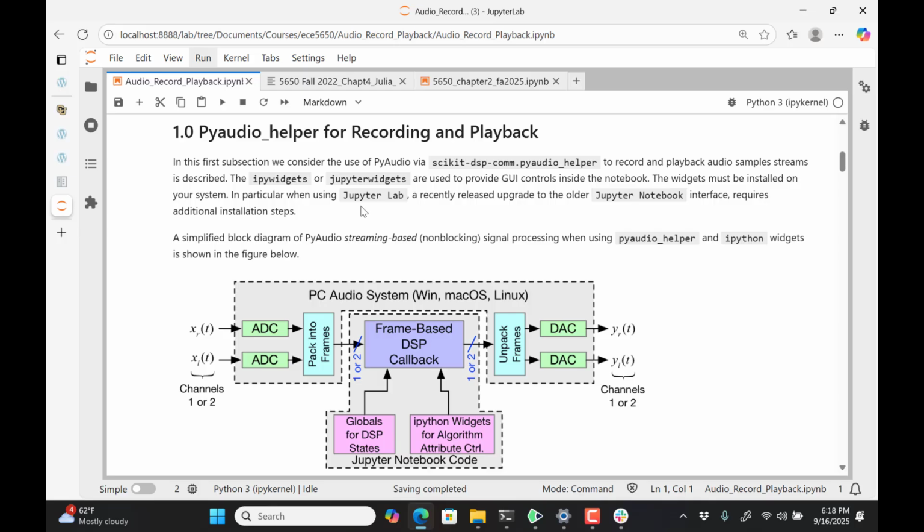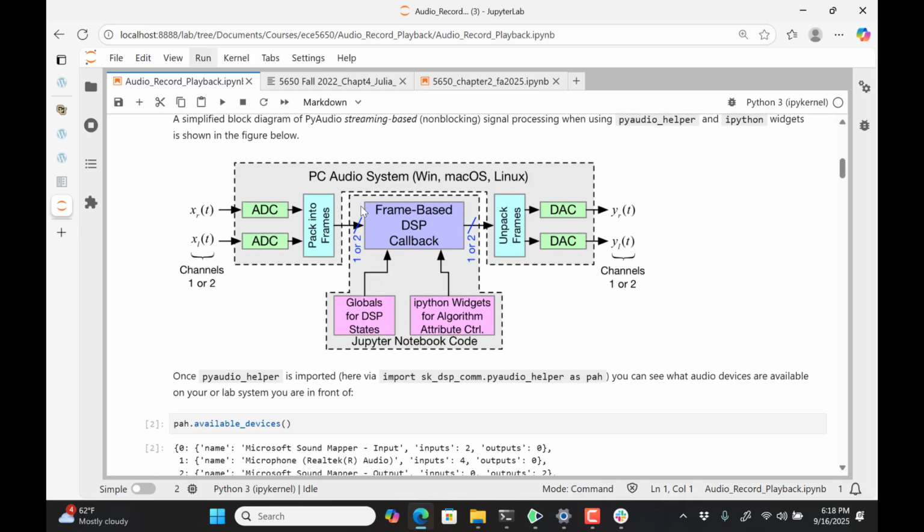So internally, what does this consist of? This is a real-time audio system, and you can see on the far left there, I've got two ADCs, analog to digital converters, that are part of the audio system on your PC, MacBook, Linux, whatever, they all have it.